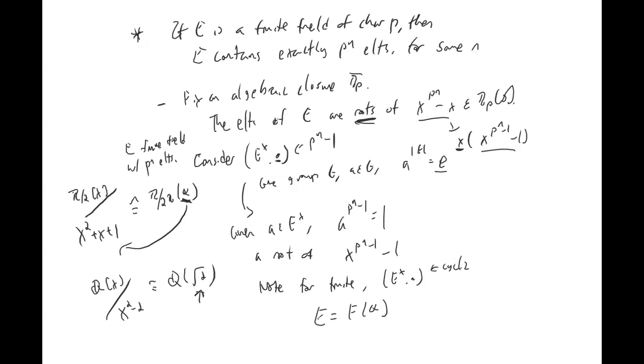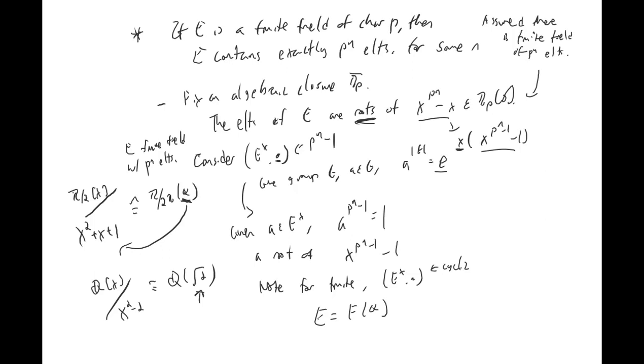Here I assumed there is a finite field of p to the n elements, and then I said it must satisfy these properties. But how do you know a finite field of p to the n elements exists?